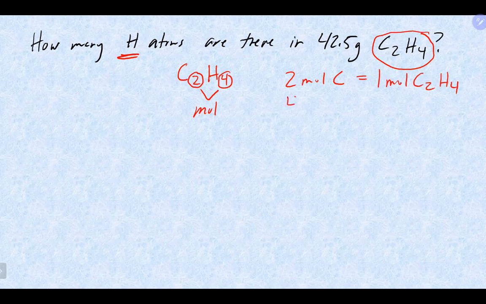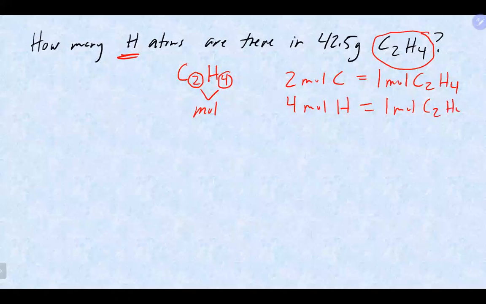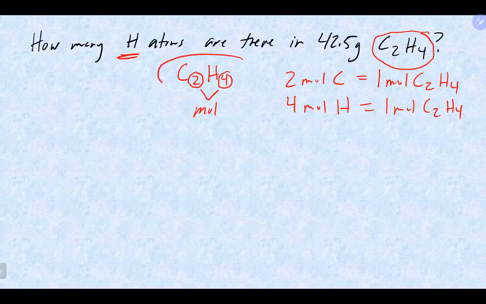There are also 4 moles of hydrogen for every 1 mole of the entire thing. So we could use the entire formula and come up with a mole to mole relationship between the whole thing and each individual element. That is going to help us figure out how we could get to just hydrogen here.